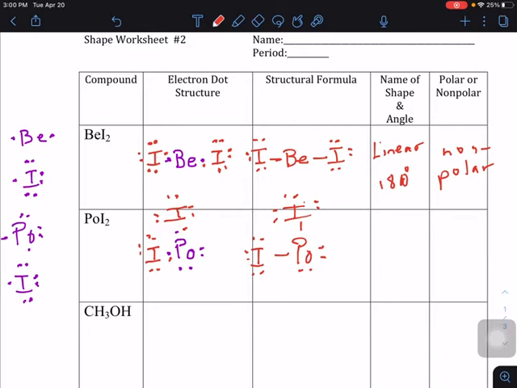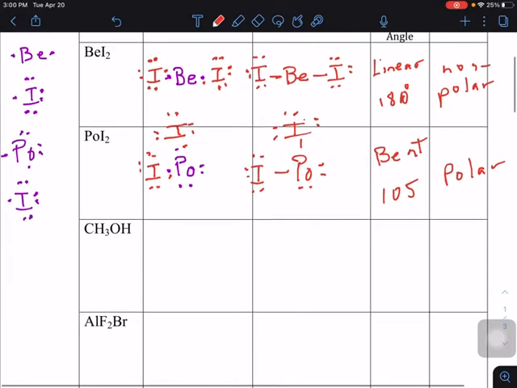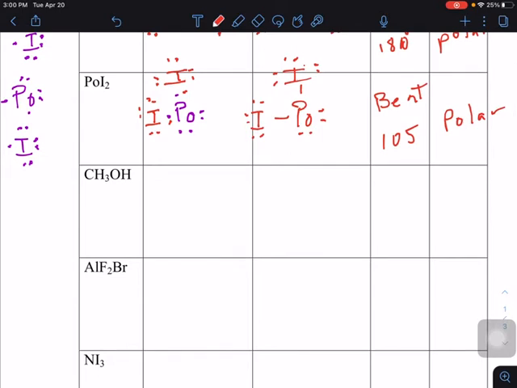Group 16 creates what's called a bent shape. Group 16 is a bent shape with a bond angle of 105 degrees, and group 16 is always a polar molecule.